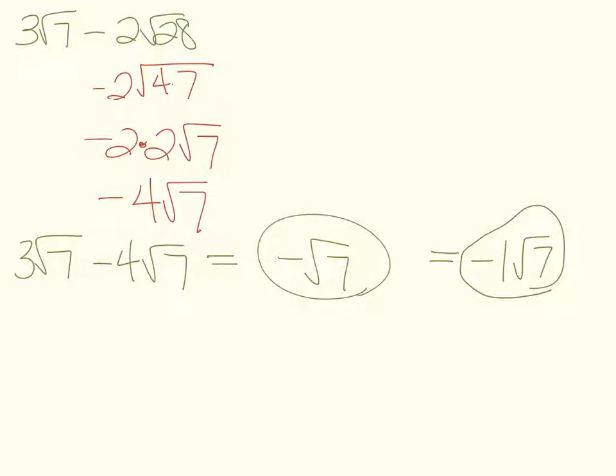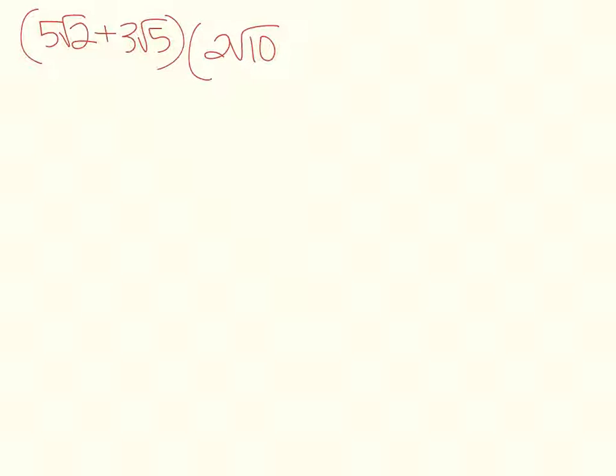Okay, one more. How about 5 square root of 2 plus 3 square root of 5 times 2 square roots of 10 minus 3. I'm going to FOIL. First, multiply the outer number, multiply the inner number.